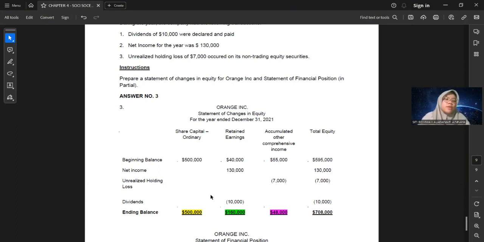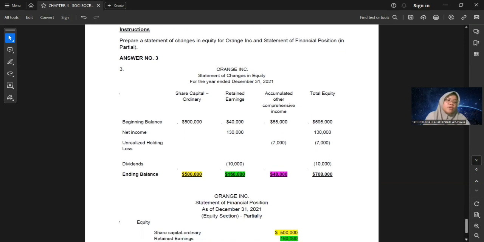Okay, we have finished creating the change in equity statement. Like I said before, the total must be the same as total equity. The total of share capital ordinary, retained earnings, accumulated other comprehensive income must be the same as total equity.